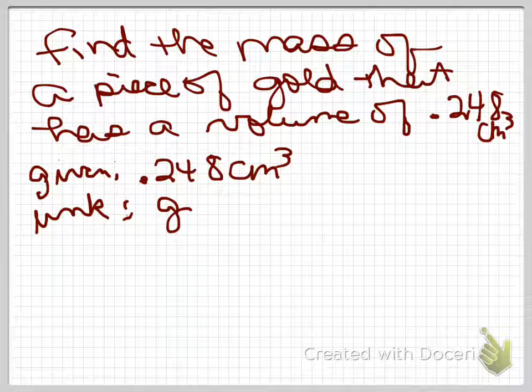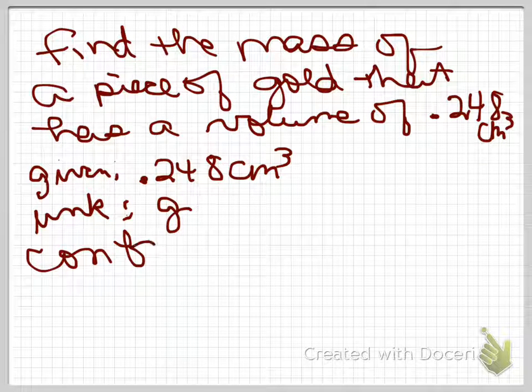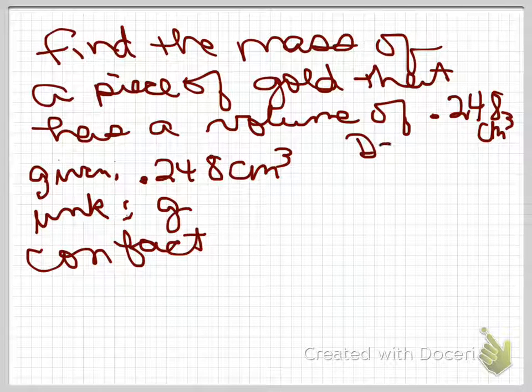All right, in this case, the density is going to be my conversion factor. And a lot of times that density, I should have put it as part of my problem. The density is equal to 19.6 grams per cubic centimeter. We'll make that part of our problem.